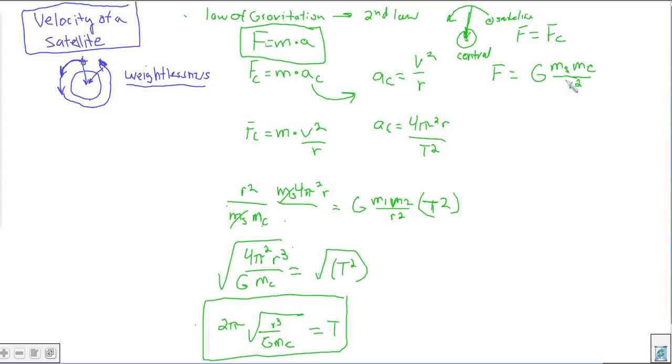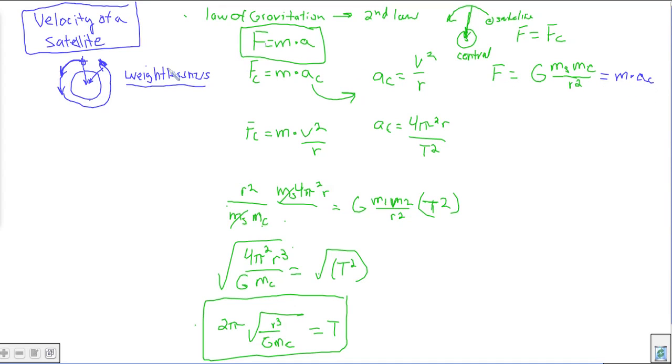So what are we saying by that? Well, if this is the gravitational force, or this is the centripetal force, we're also saying that it equals mass times acceleration, right? So the gravitational force equals the mass times the acceleration, because that's the other part of force equals, or you could say mass times the centripetal acceleration here, right?